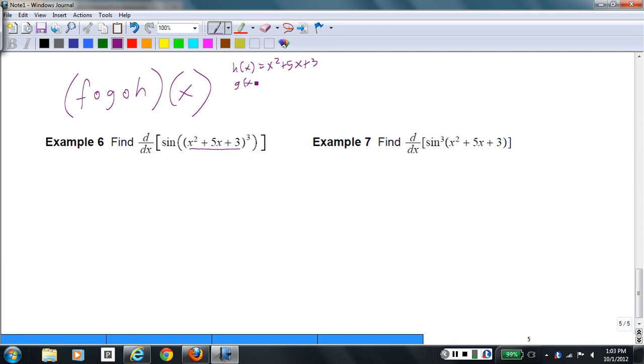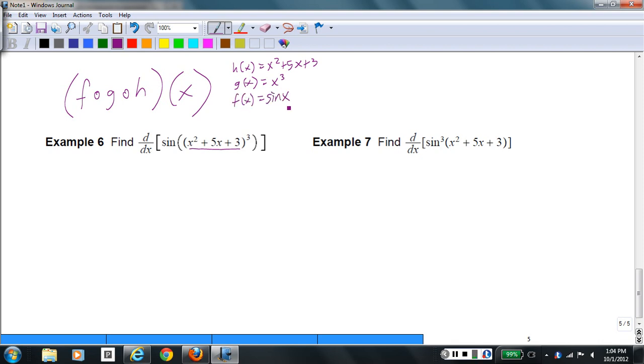And then the g of x, the next thing I would do is take that and do what with it? Cube it. So I would say g of x equals x cubed. That's the next to the innermost function. That's the one in the middle. And then after I cube that, one more thing left to do.